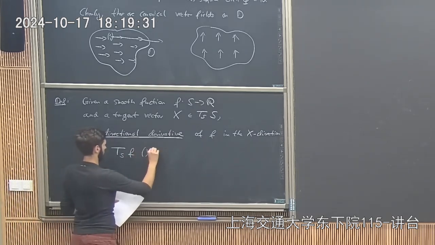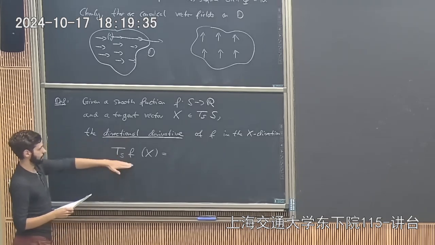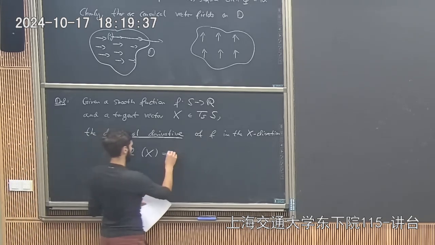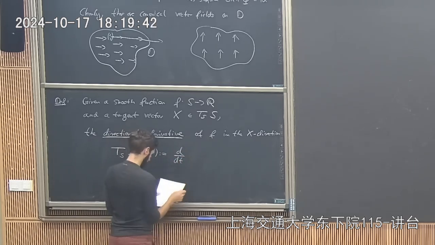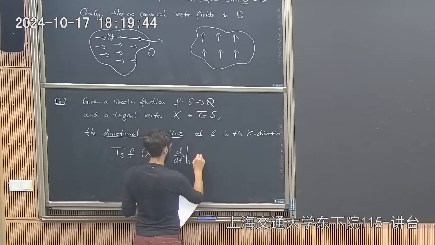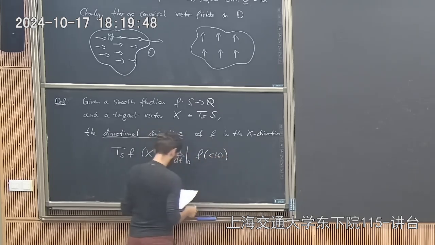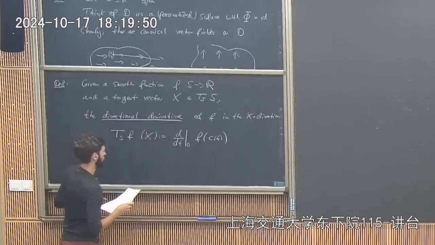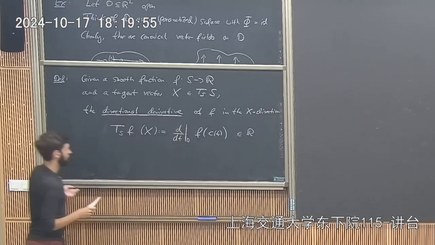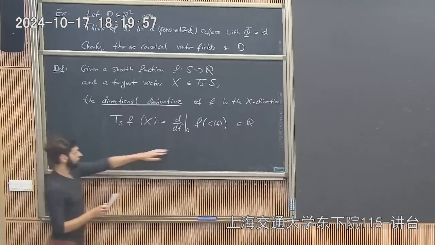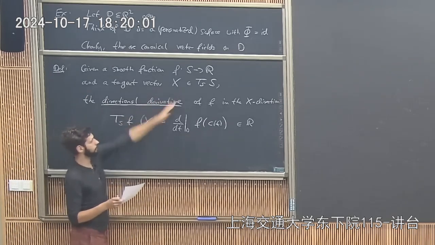And so that's like the left-hand side is just notation again. And it's denoted by, or defined by, we take d/dt at 0 for f of c of t. So that's a real number again. So I have to tell you what the c of t is, and you can already think about that. It's probably related to the tangent vector.